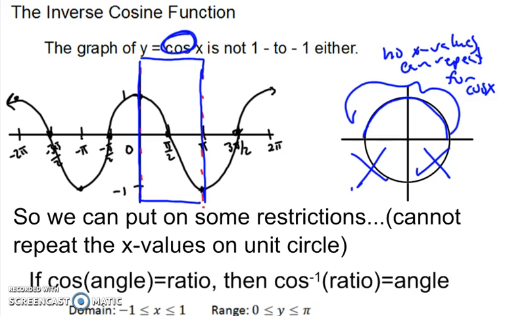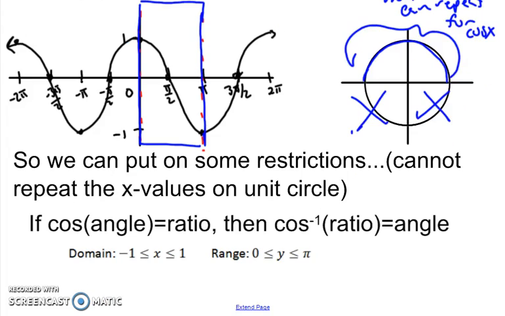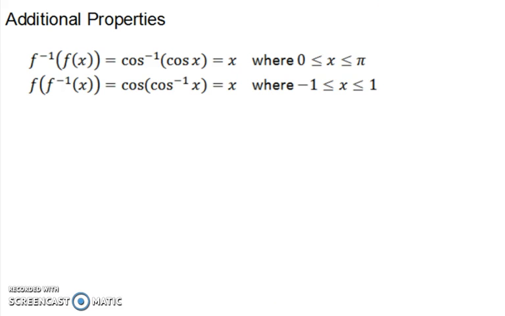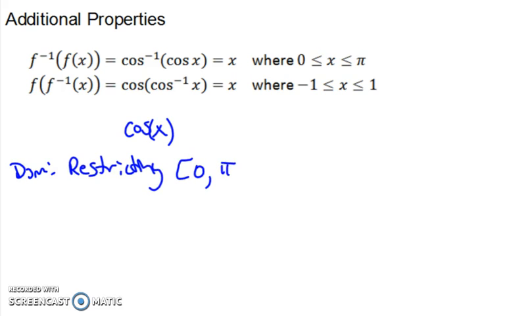So we're putting restrictions on this. We're only saying that this is going to go from the values of 0 to pi, and then the domain will be from -1 to +1. So I basically took my cosine function, and I'm doing the inverse of that. For cosine, we're restricting the domain to something that'll pass the horizontal line test, which will be from 0 to pi, also known as being 1-to-1.